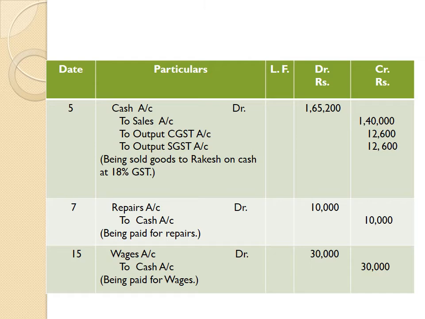So entry for it on 15th May 2021. Wages account debit 30,000 to cash account 30,000, being paid for wages.